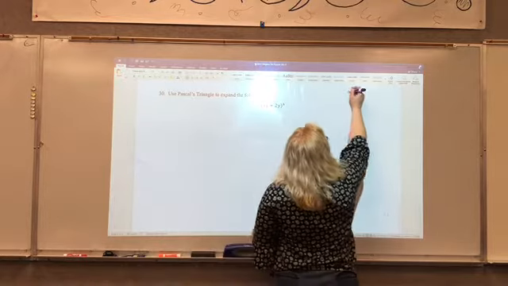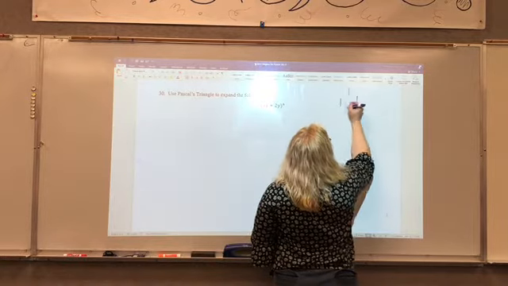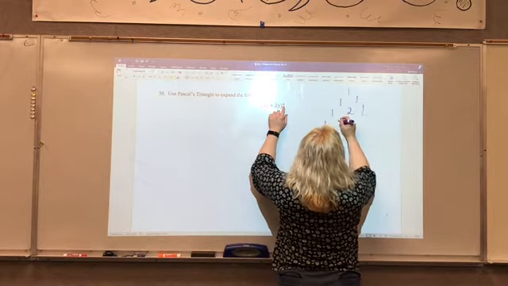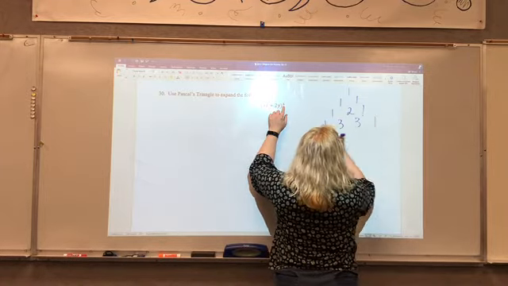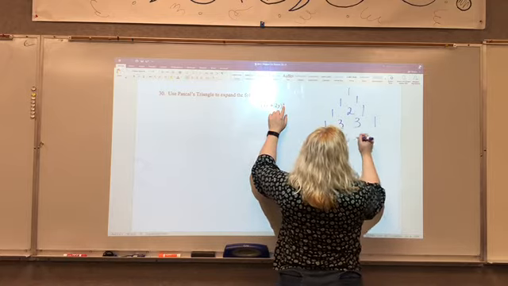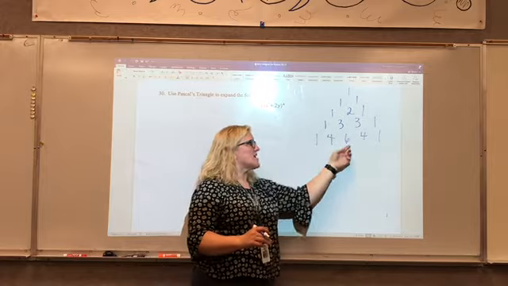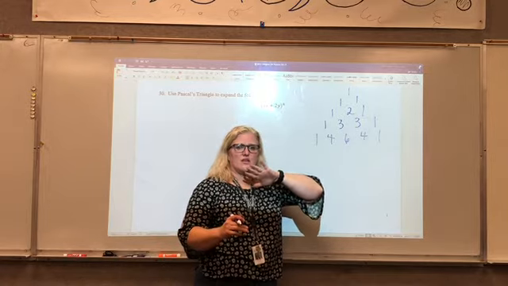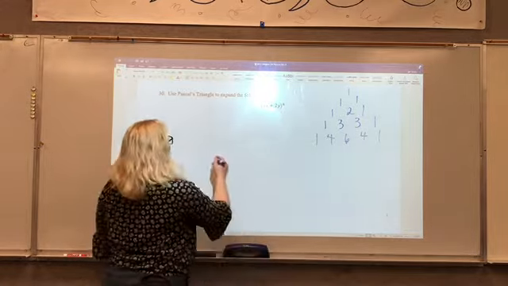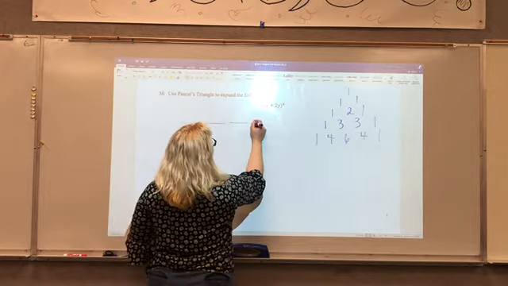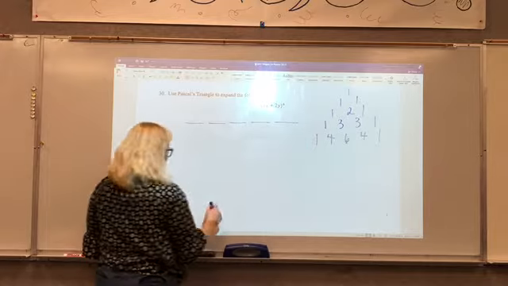So here I've got 1, 1, 1, 1, 2, 1, and I'm looking for the 4th row. So 1, 3, 3, 1, 1, 4, 6, 4, 1. So it's this one that I'm looking for. And I see that it's going to have 5 terms. So I'm going to give myself those 5 terms. 1, 2, 3, 4, 5.